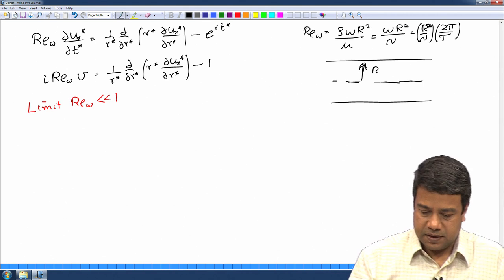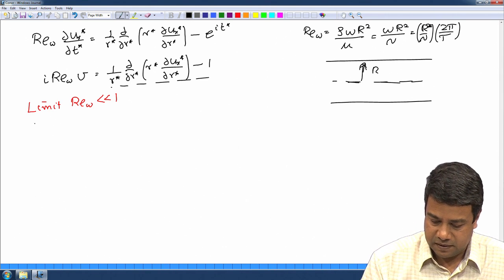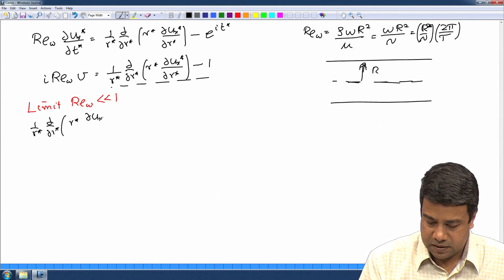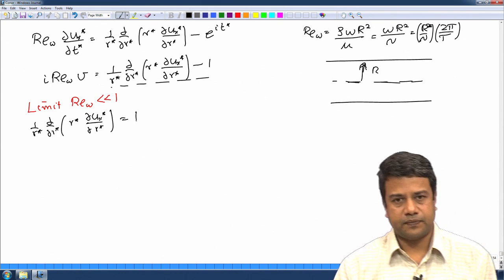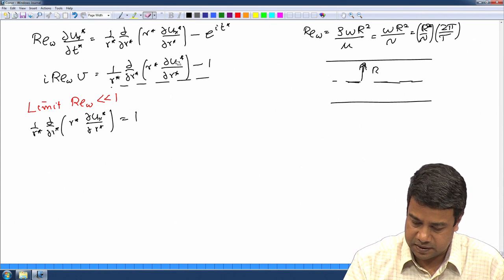So, at low Reynolds number, I have to solve just the viscous part of the equation, 1 by r d by dr of r dv by dr is equal to 1. I am sorry, I should put v here, please make this correction.